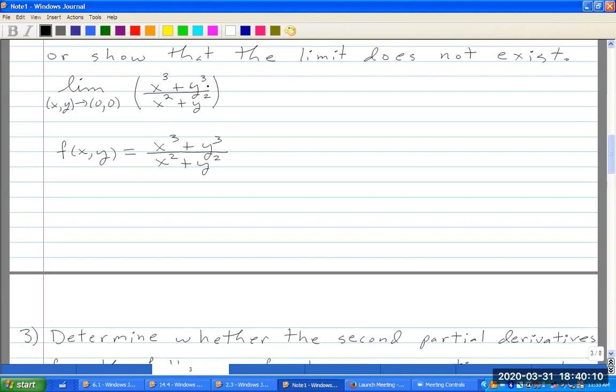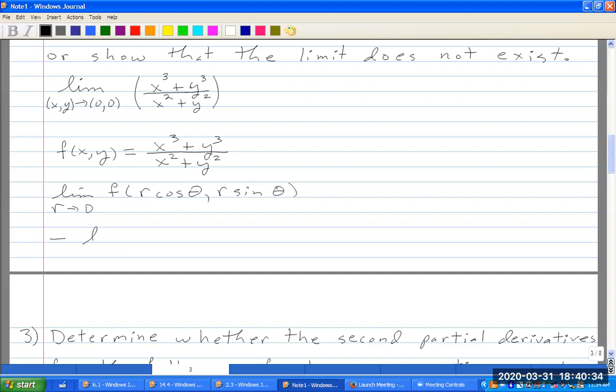And so now let's look at the limit as r goes to 0 of f of r cosine theta, r sine theta.